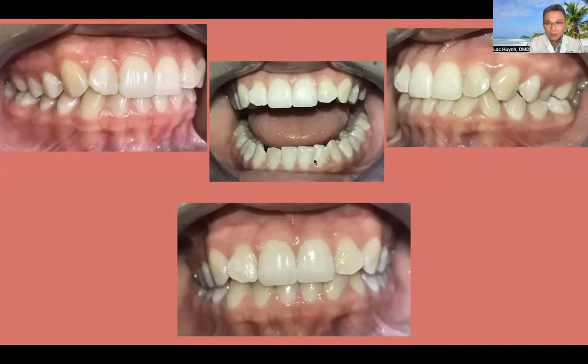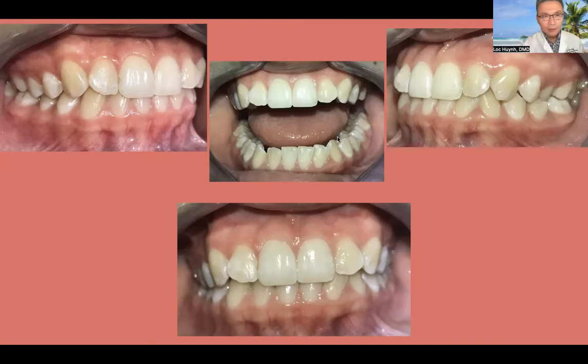And also there's severe rotation on number 23, and lingually inclined, distally inclined on number 26. Number 7 and number 10 seem to be a little bit awkward. It doesn't seem to be straight down, but it's a little bit tilted to the distal, and the root is easily tilted.